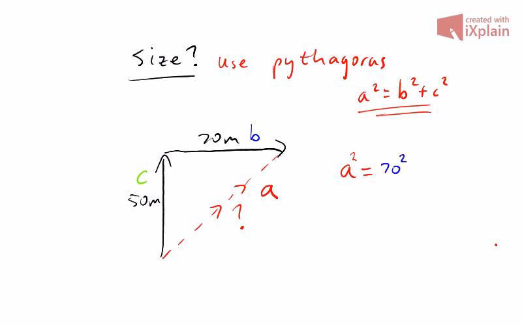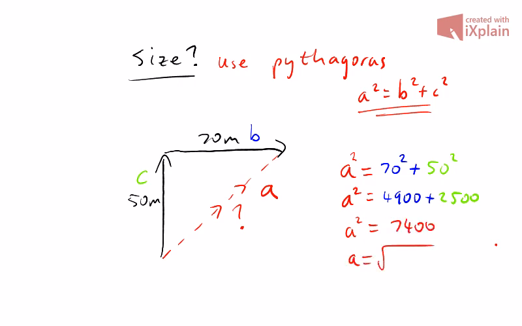If you put those numbers into the equation, 70 squared plus 50 squared, so that's b squared plus c squared, multiply them all through, then add them together, and finally take the square root, because remember it's a squared, but we're just looking for a. If you round it up you should get about 86 metres. So that's how you get the size for the displacement.